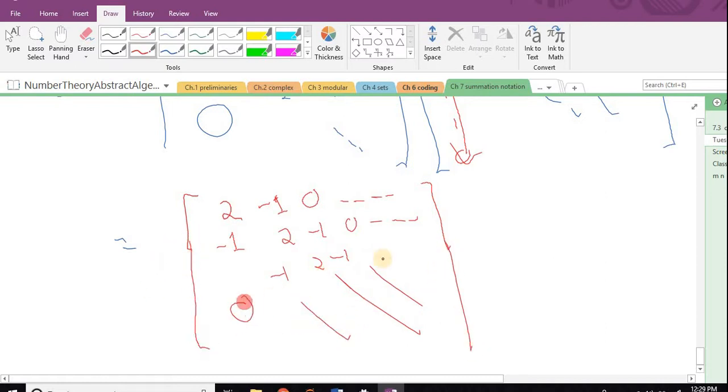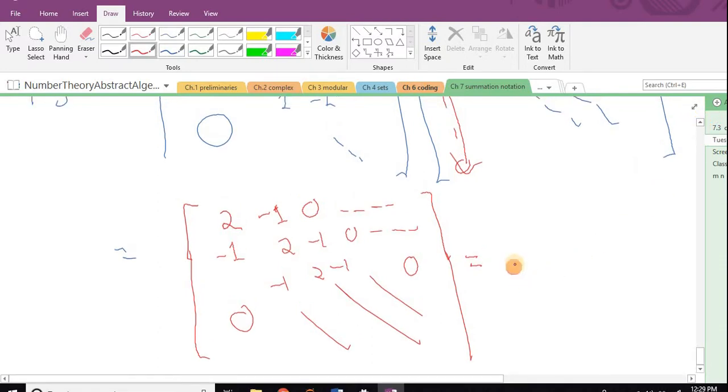So how would you write that using the delta notation? First of all, the 2's on the diagonal, how would you write that using delta notation? Yes. But we know the way to get a 1 when i equals j is just delta ij.